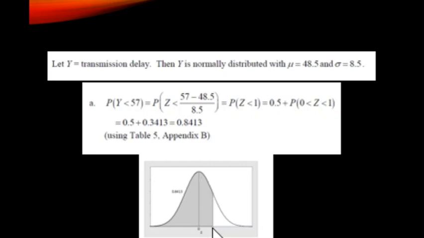If we locate z at 1.0, the second decimal place is also 0, which is 0.3413. When we add that up, we get 0.8413. In this case, we had to add that extra 0.5 because our value of z was towards the right of 0.